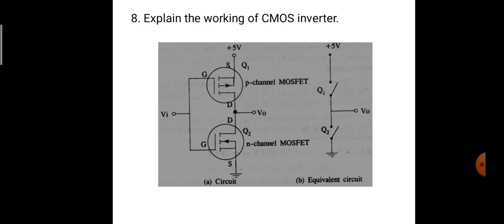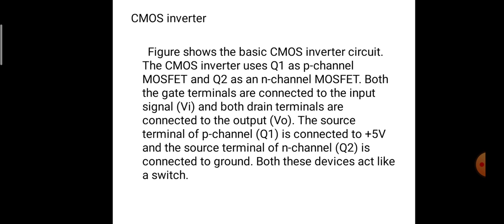Next question. Explain the working of CMOS inverter. The figure shows the circuit and equivalent circuit of CMOS inverter. Figure shows the basic CMOS inverter circuit. The CMOS inverter uses Q1 as P channel MOSFET and Q2 as an N channel MOSFET.